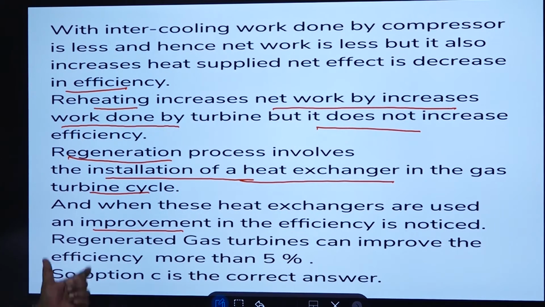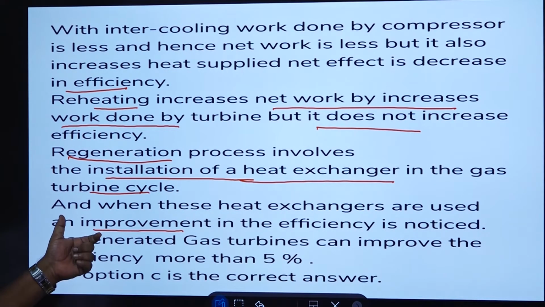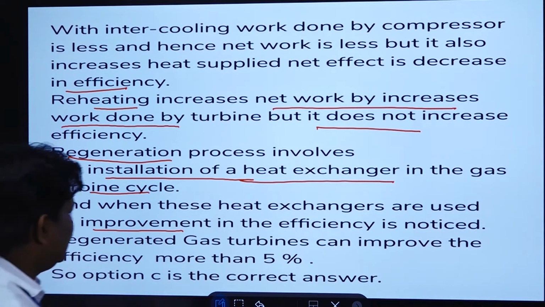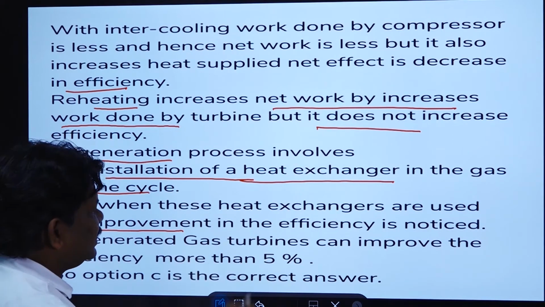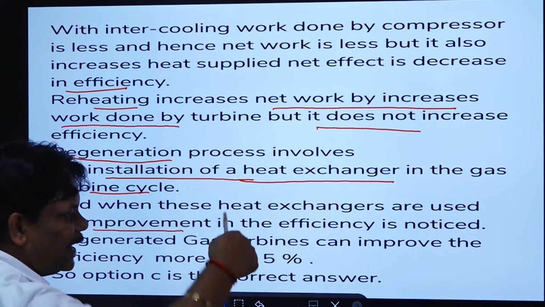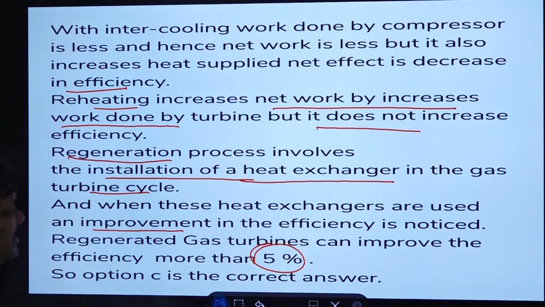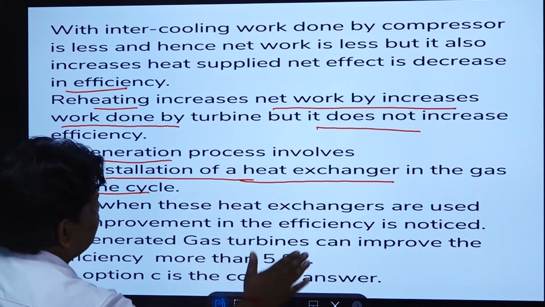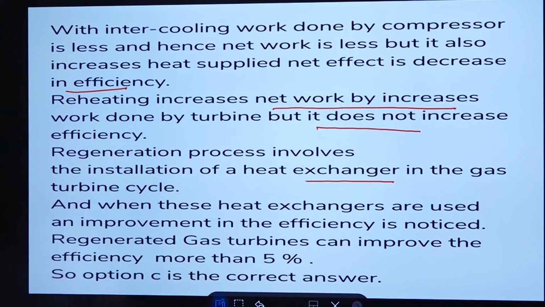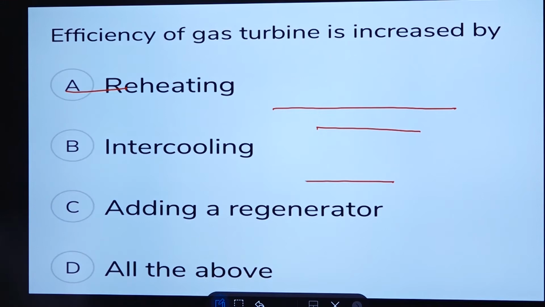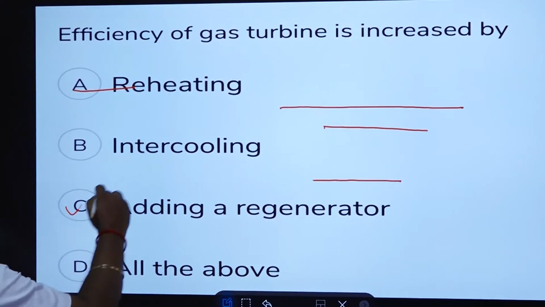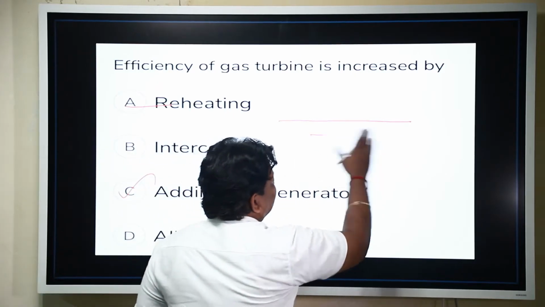That means adding this regenerator may improve the efficiency of the cycle, by around 5%, or more than 5%. So the answer for this question will be adding a regenerator.